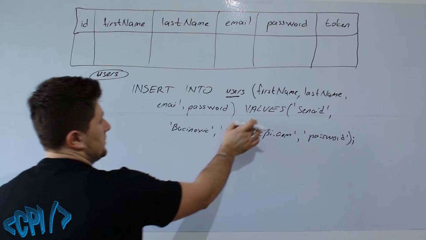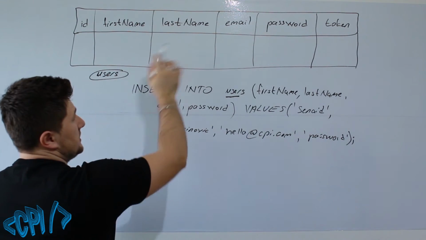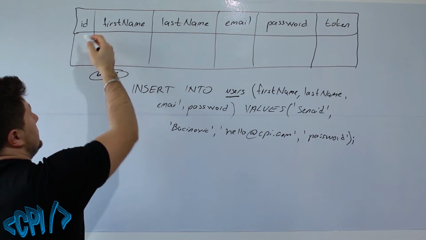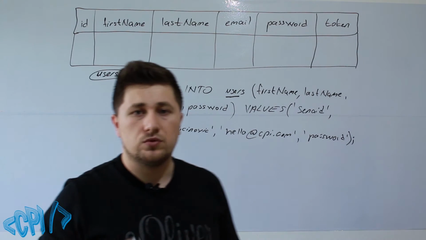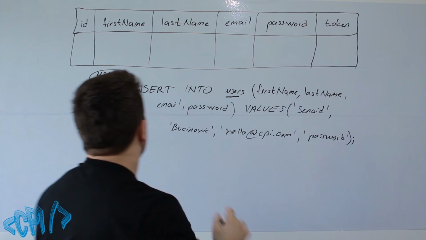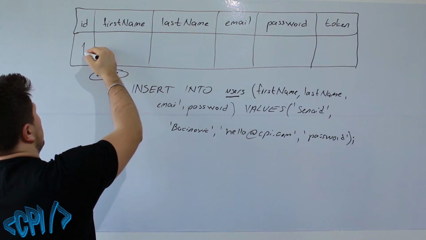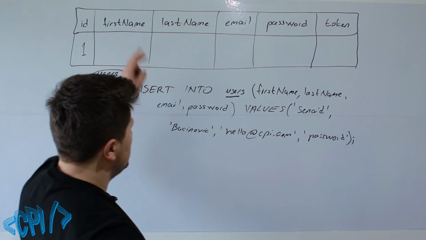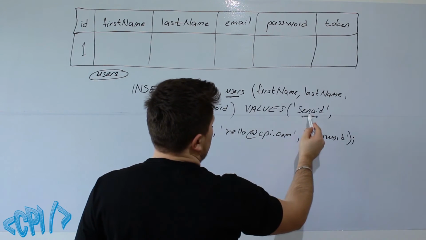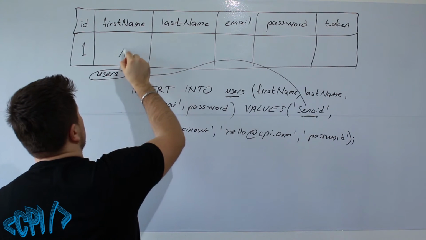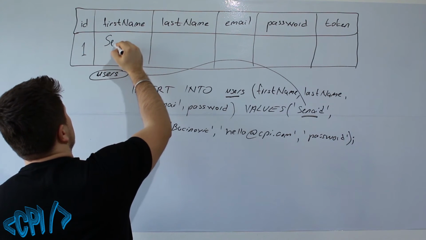So once we execute this, in the database the next thing will happen. ID, since if you remember, is auto increment, so automatically it will be set to 1. Okay, first name will be the data we have here, so it's going here. Okay, Snade.